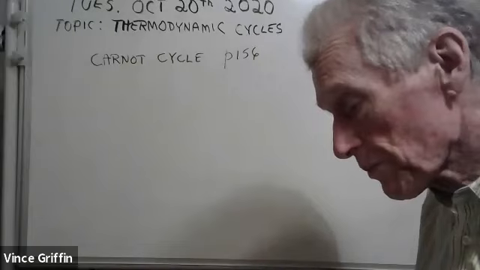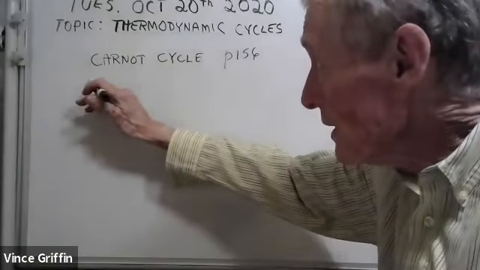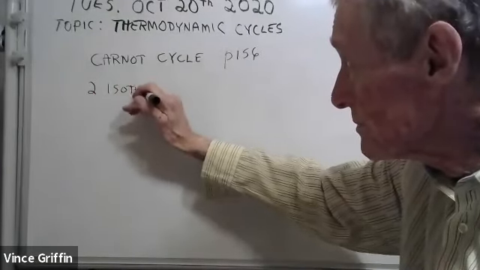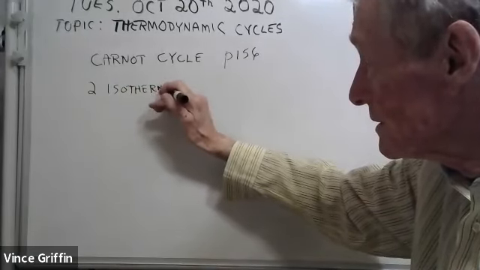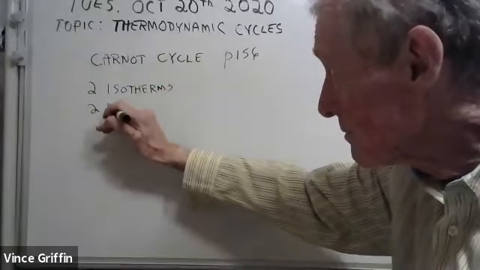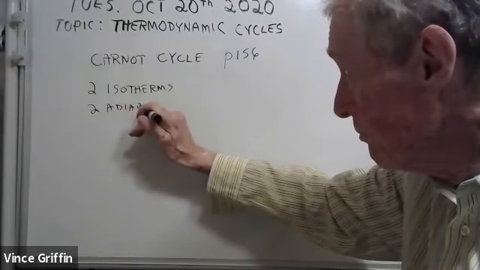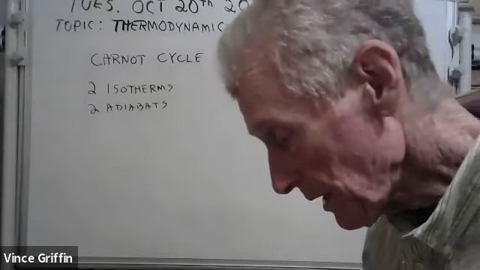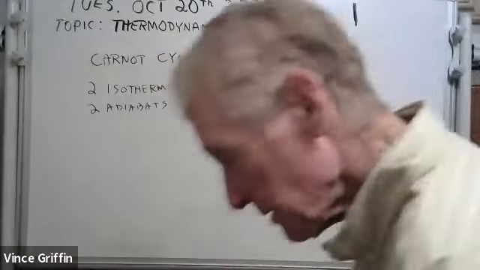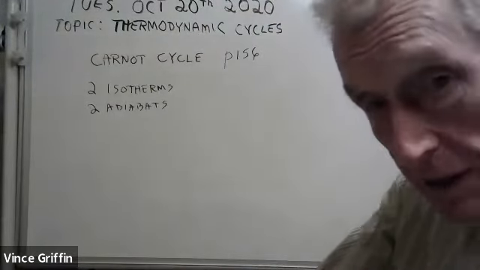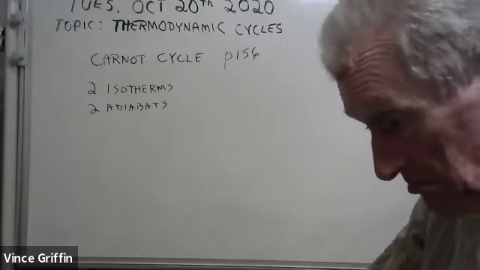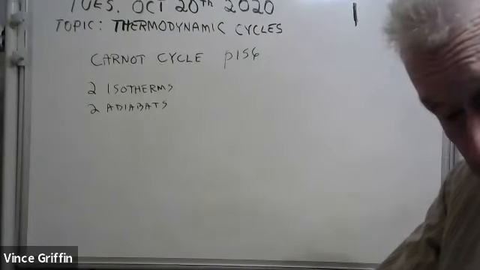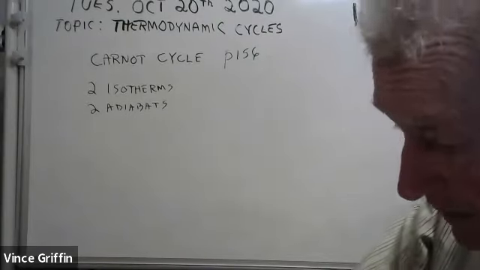Now, the Carnot cycle has 4 processes. It has 2 isotherms and 2 adiabats. Now, you can have a Carnot cycle with ideal gases, and you can have a Carnot cycle with real gases that condense and liquefy.